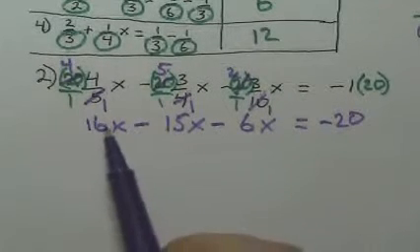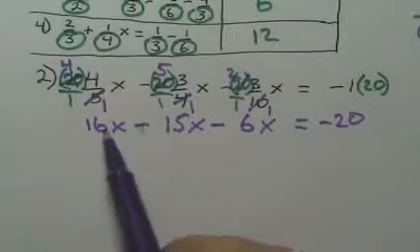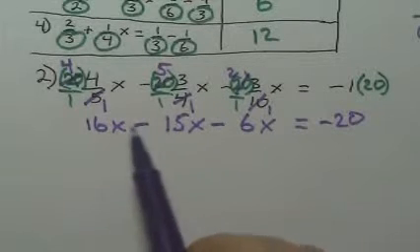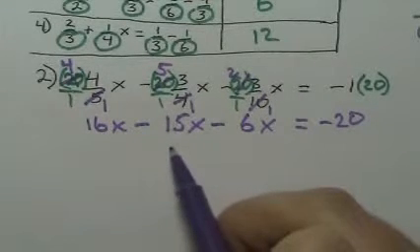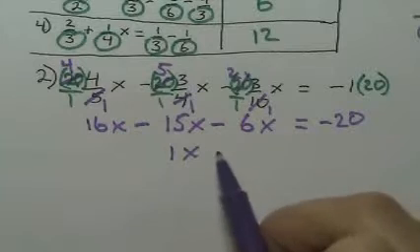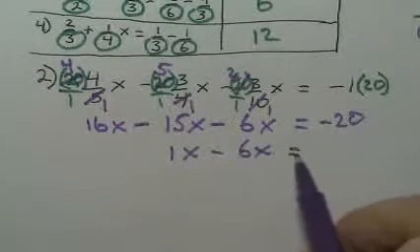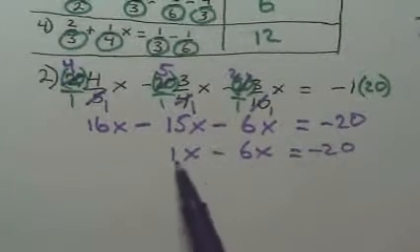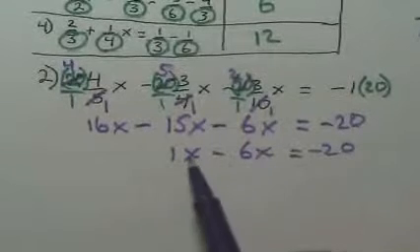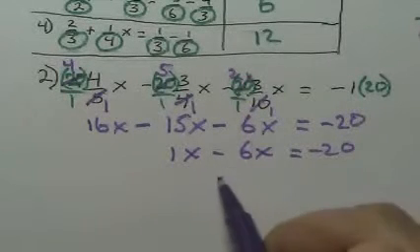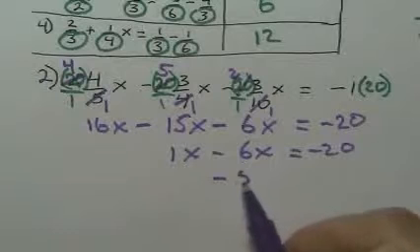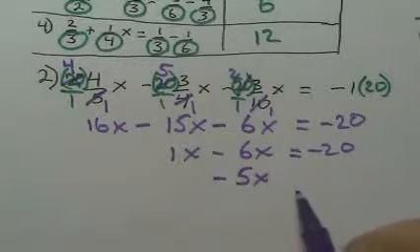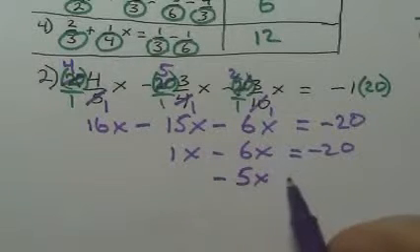Okay, I'm going to just combine this. 16x minus 15x. 16 minus 15 is just 1. Right? 1x. And I'll bring down the minus 6x. And then 1x minus 6x. 1 take away 6. Well, that's negative 5. Negative 5x. 1x minus 6x is negative 5x.